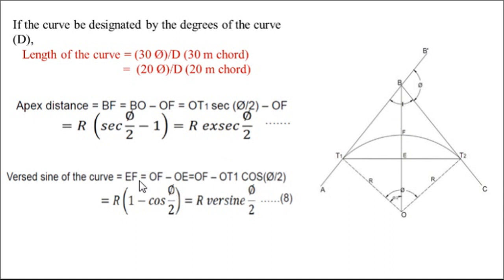So versed sine EF is equal to OF minus OE from this figure, is equal to OF minus OT1 into cos of phi by 2, applying trigonometry in this triangle, and is equal to R into bracket 1 minus cos of phi by 2, is equal to R into versed sine phi by 2.